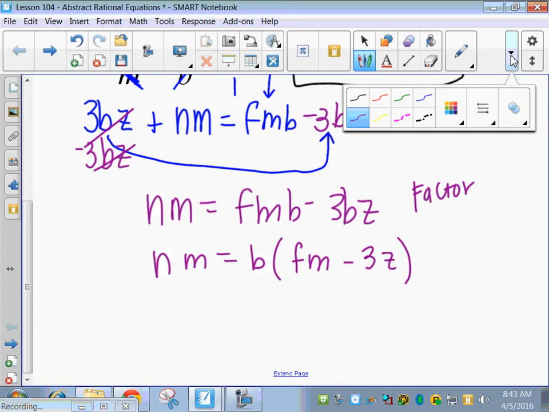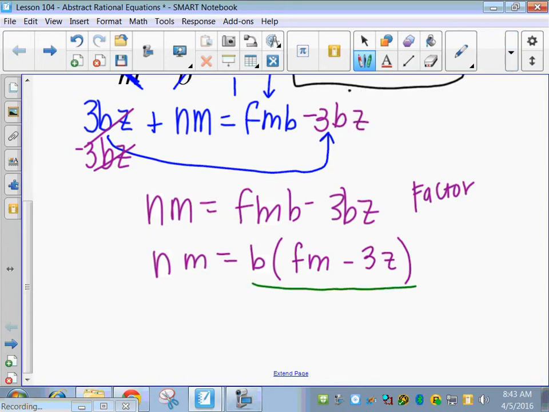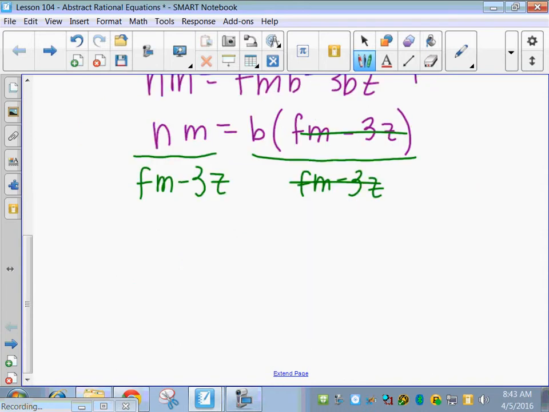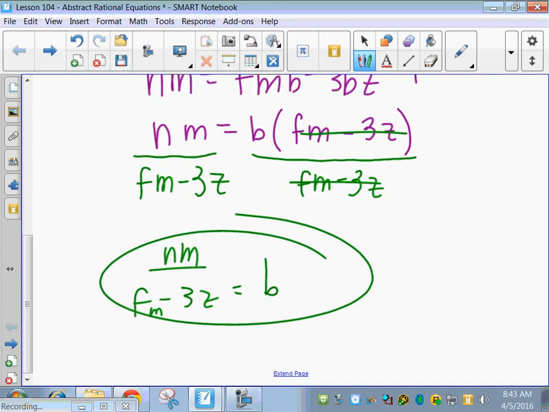All right, now I'm going to divide by this whole entire thing, because I want to get the b by itself, and now I finally can, by dividing by fm minus 3z. And that is my final answer. nm over fm minus 3z equals b. And I got b isolated.